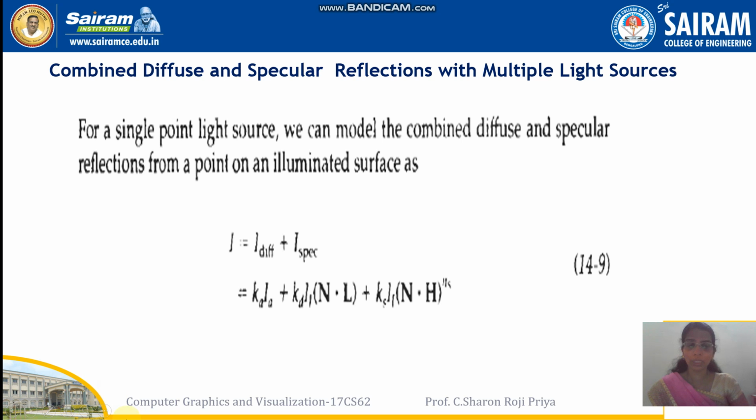If I combine both equations, I'll get the final equation: Ka Ia plus the diffuse equation plus the specular equation. This Ks is the constant, times the intensity of the point light source, times N dot H, which I get by including a halfway vector between L and V, to the power of the ns parameter. This is the total intensity including specular and diffuse.